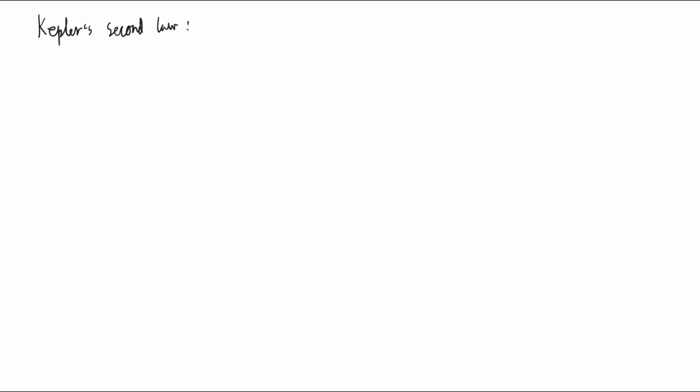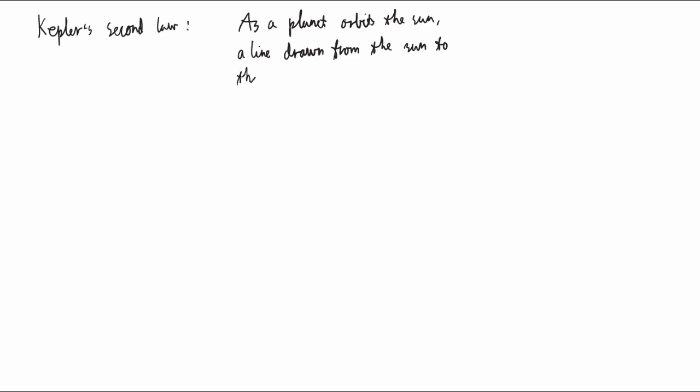which states that as a planet orbits the Sun, a line drawn from the Sun to the planet sweeps out equal area in equal time.